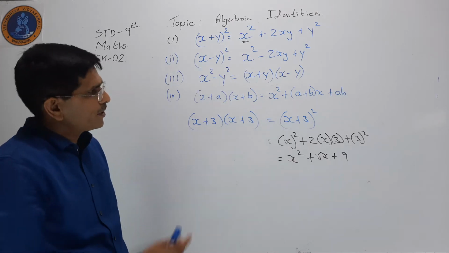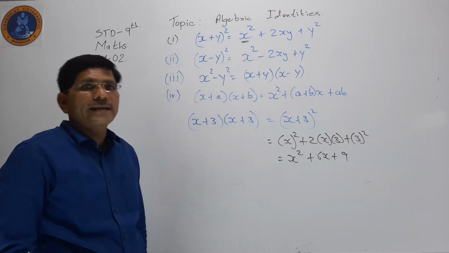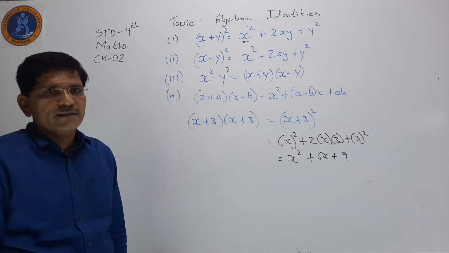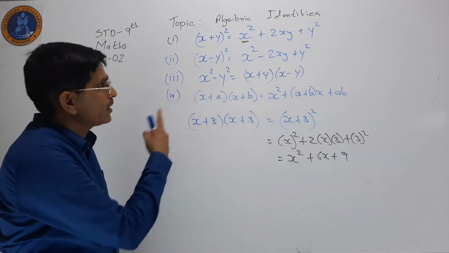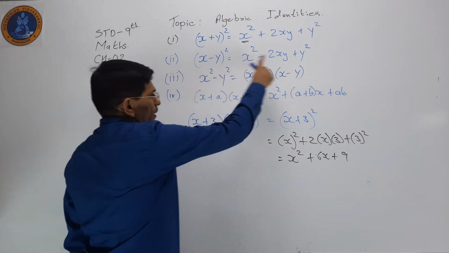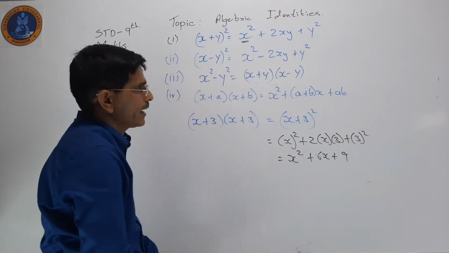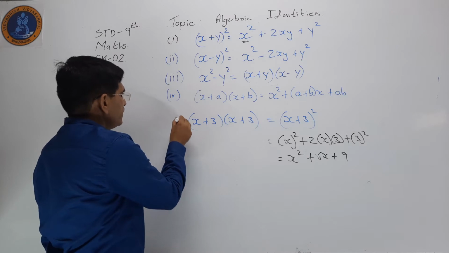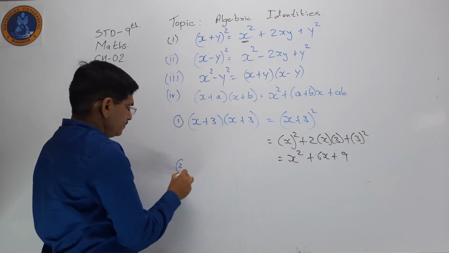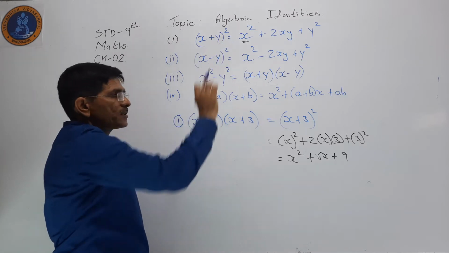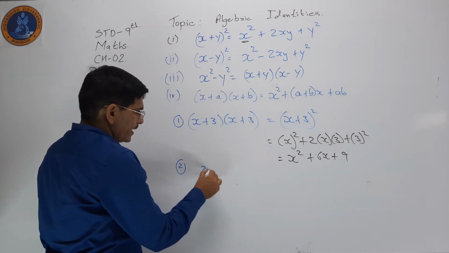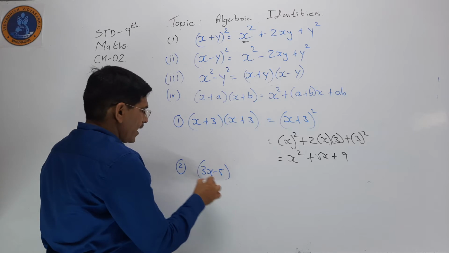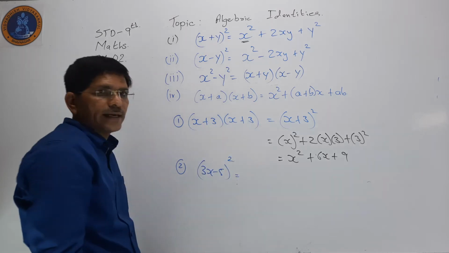Exercise 2.5 is identity based. We have done the first identity. Now for the second identity, (x minus y) whole squared. Say (3x minus 5) whole squared is there.